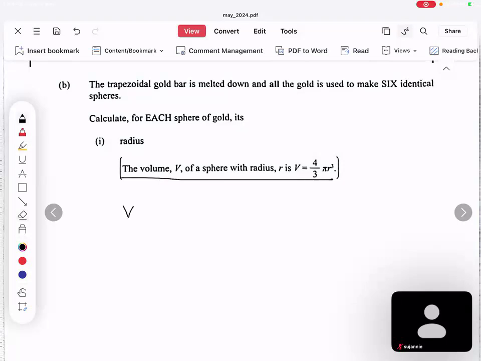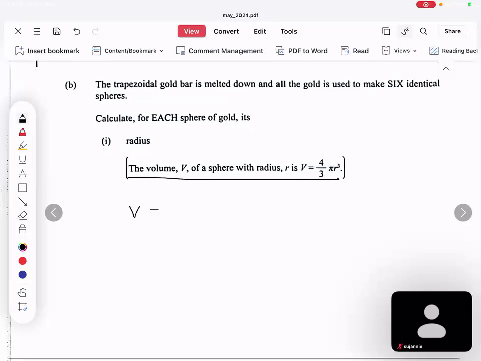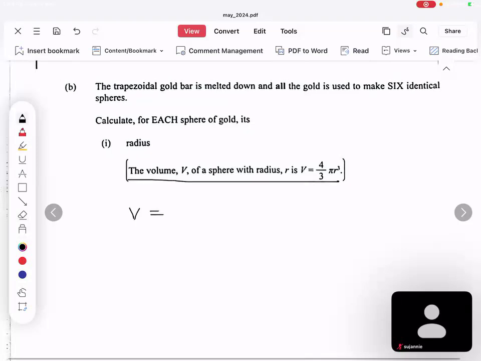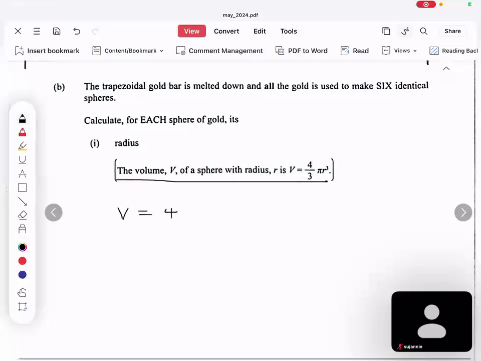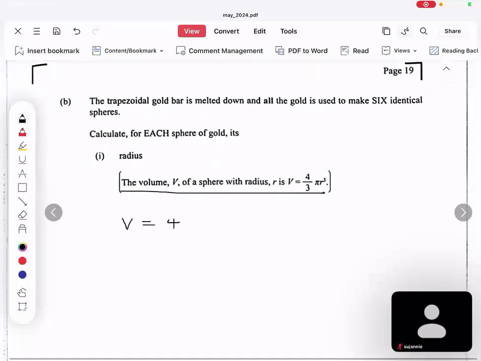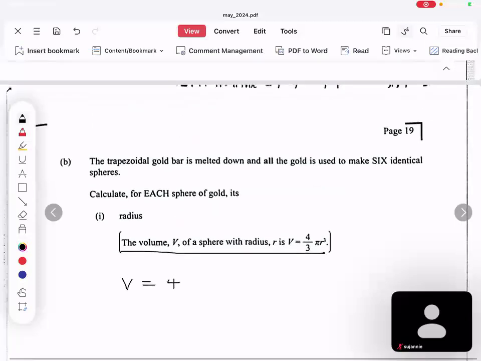So we are told that the volume is equal to 4/3 pi r cubed. If you were to investigate and check back, you'll realize that I never gave you this formula.